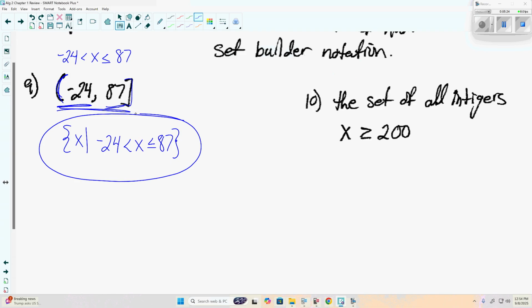The set of all integers, x is greater than or equal to 200. It already gave it to us as an inequality, so we're good there. Now to find the number set, because we're not looking at the real numbers, we're just looking at the integers, we'd go brace x as an element of the integers, our Z with 2 lines, such that we just plug our inequality in. x is greater than or equal to 200, and we're done.